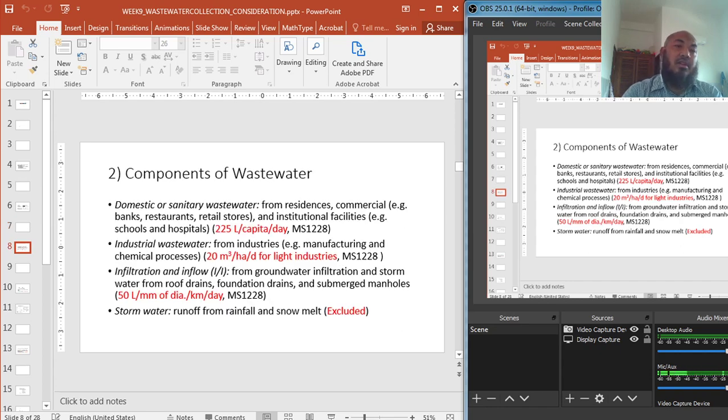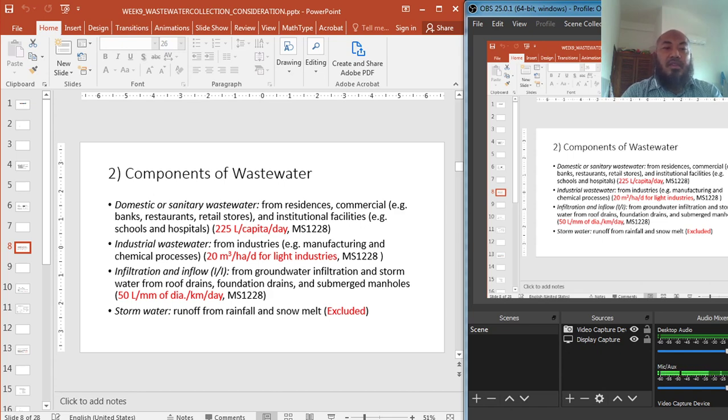In order to estimate that growth, we need to think about the source of the wastewater. To make it easy, it can come from four sources.